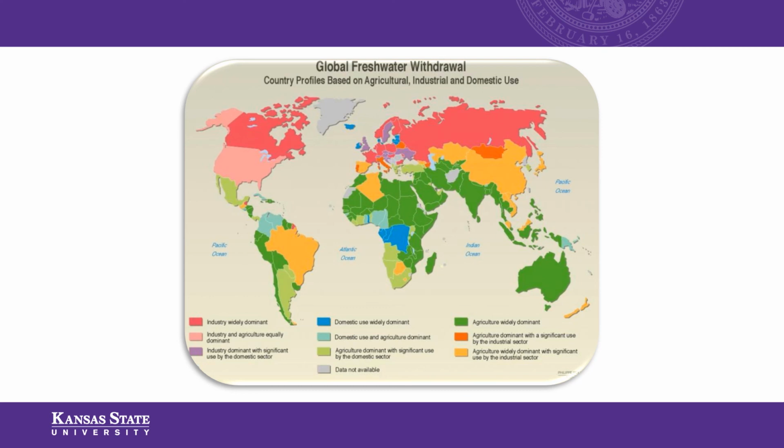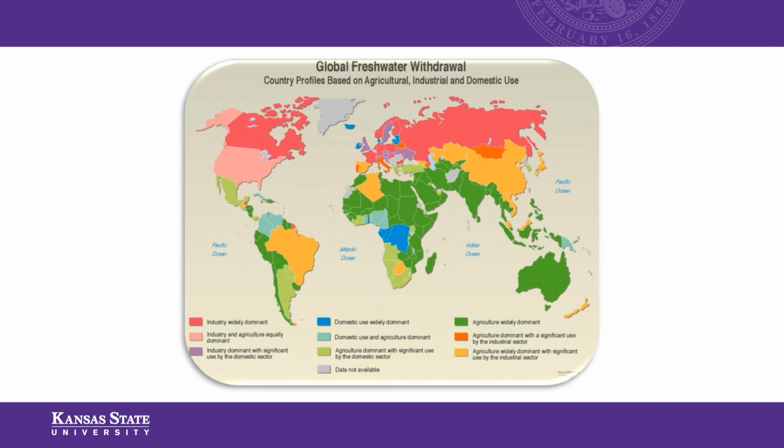So you can see that in the United States, agriculture is not the dominant use of water. Industry and agriculture are shared in the amount that they use. In places like Canada and Russia, it's actually industry.